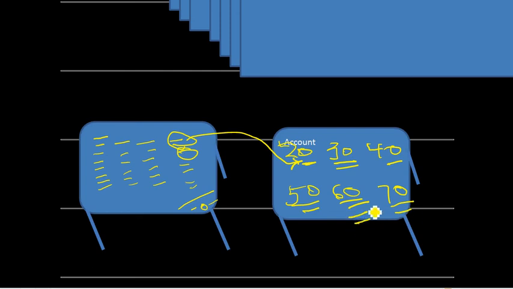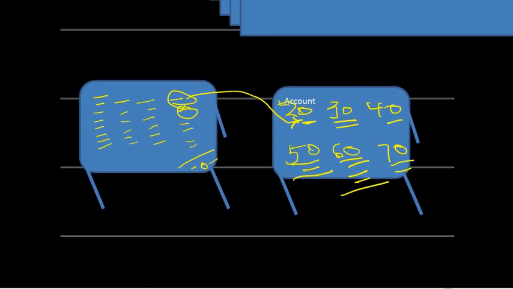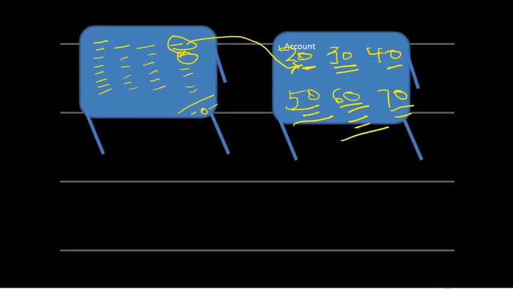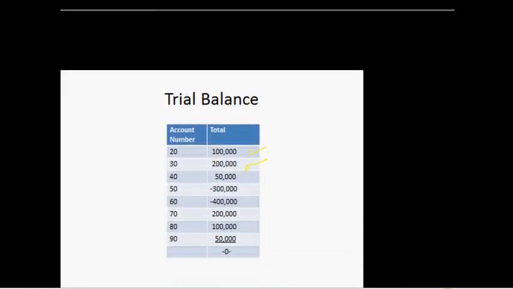Then I would add up each of the stacks. And if I add up the totals of all the stacks, they're all going to equal 0. The total of the totals is 0, and we can make a trial balance that looks like so.